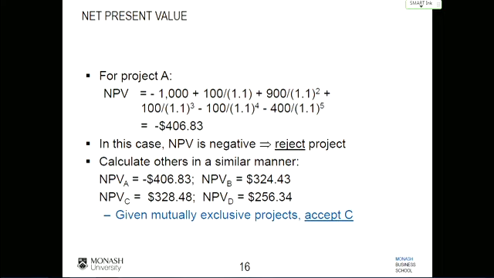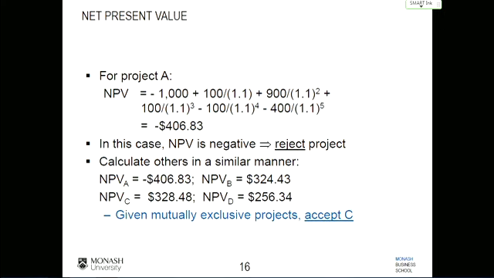What do you think? How many of you believe that the project actually generated less than 10%? Thank you. More than 10%? It is less than 10%, right? Because 10% is the required rate here.